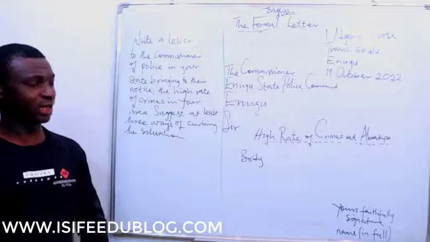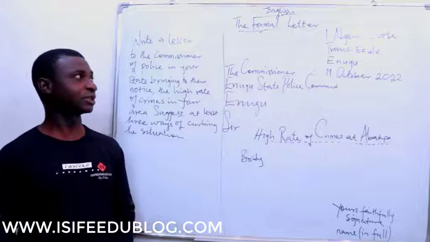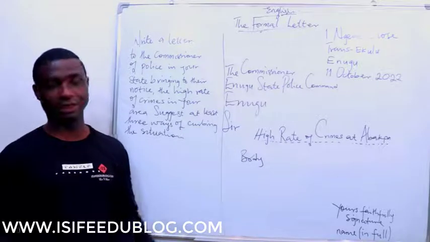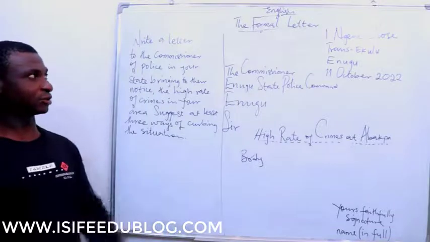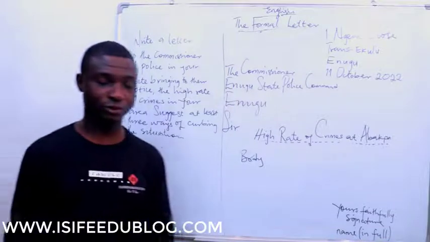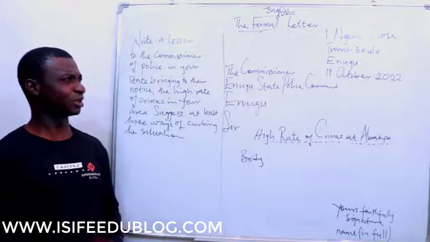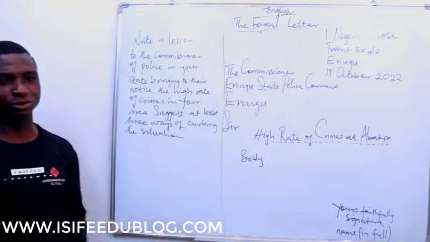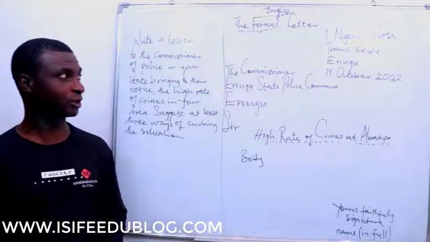What I sure understand is that you are aware that we have two letter types, the formal and the informal. And today we are looking at the formal letter. Now, it is the kind of letter you write to somebody in an official position. That is the most important thing to take note of.